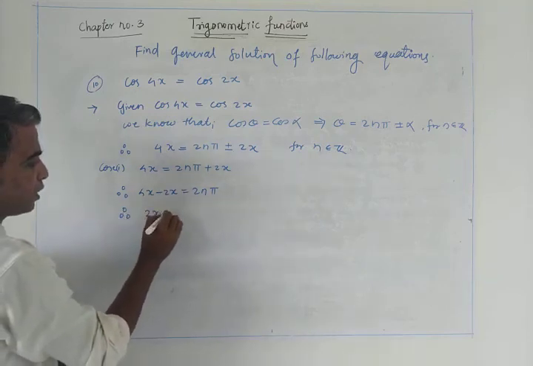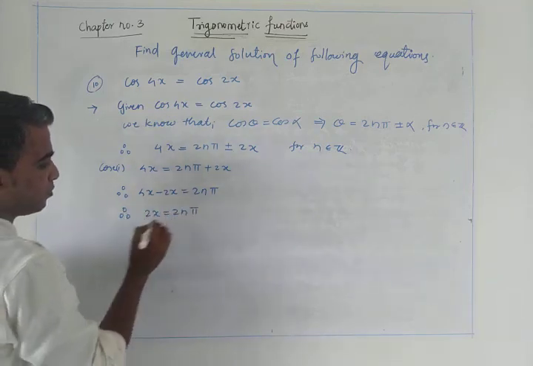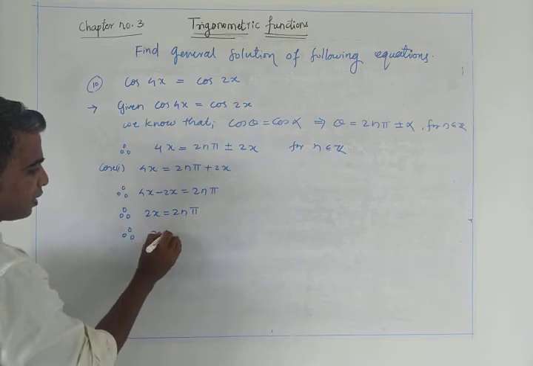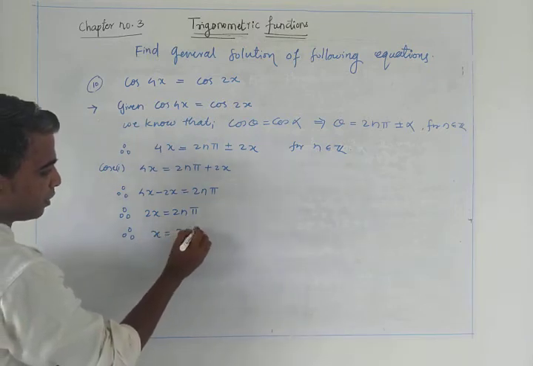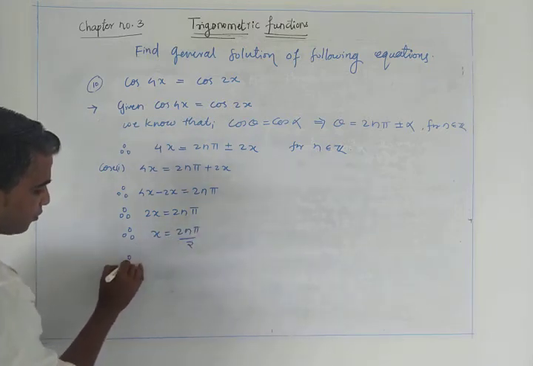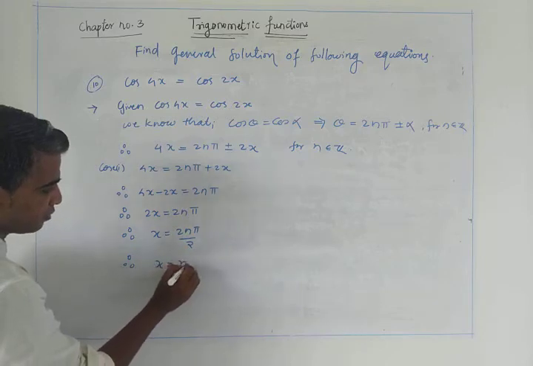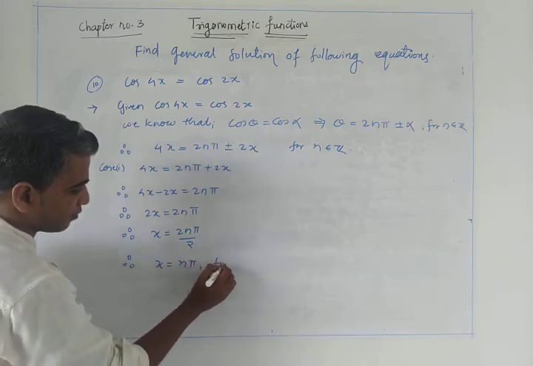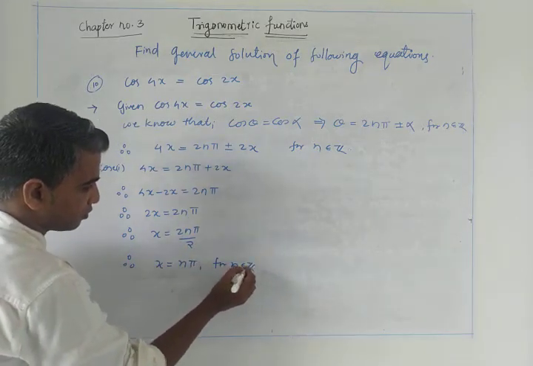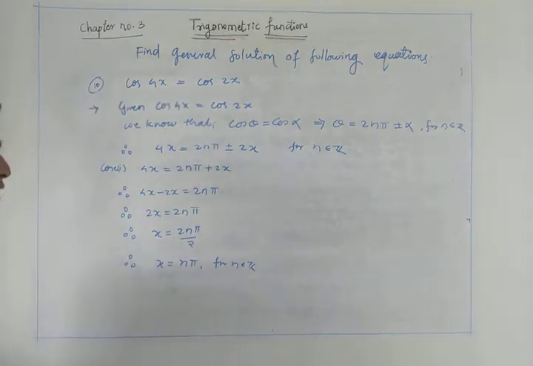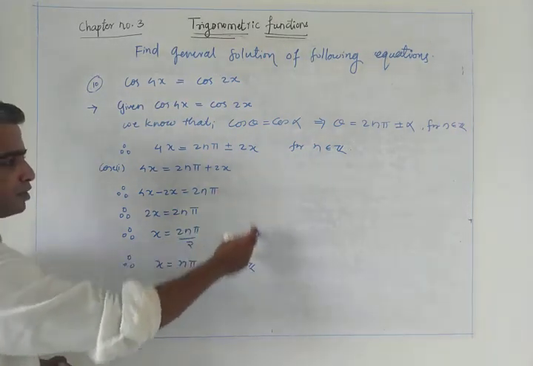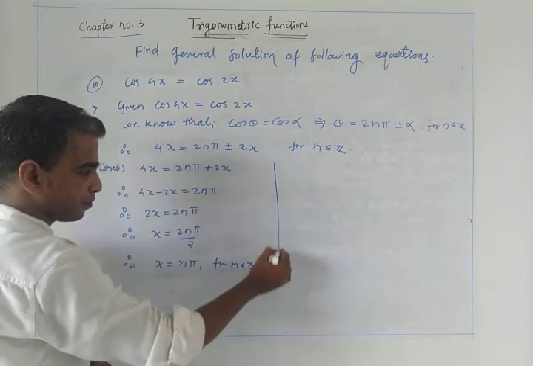Therefore 2x is equal to 2n pi, and therefore x is equal to 2n pi upon 2. Therefore x is equal to n pi for n belong to z. Okay, don't forget to write n belongs to z in each and every step.